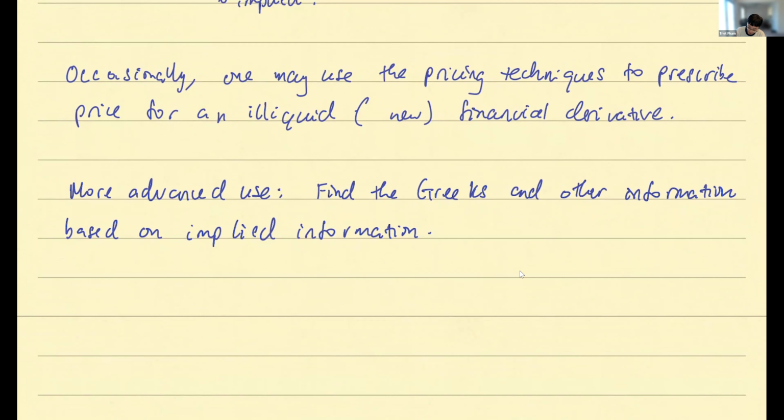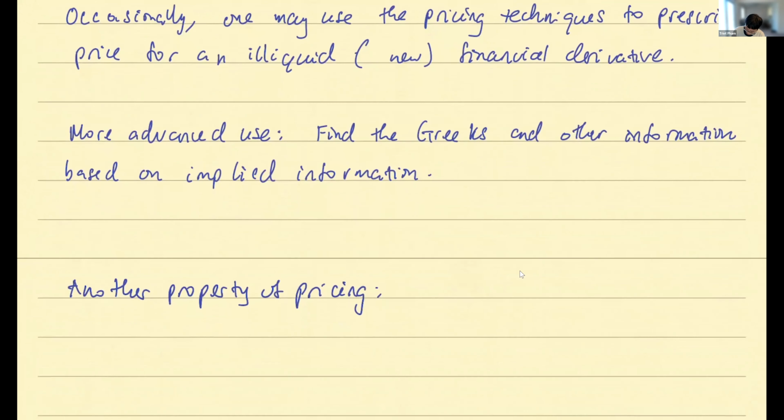I want to go back to the idea of pricing one more time, another property of pricing. So all these things I'm discussing are very, very simple, but I think it's fundamental that you get the right angle.